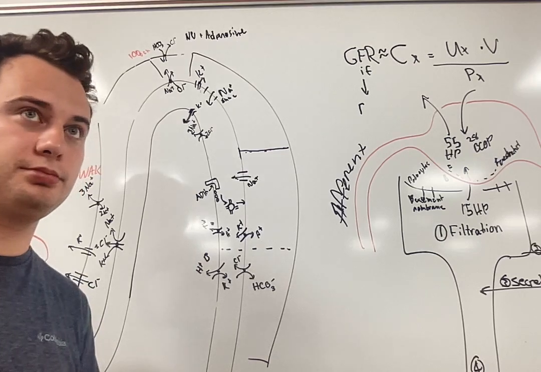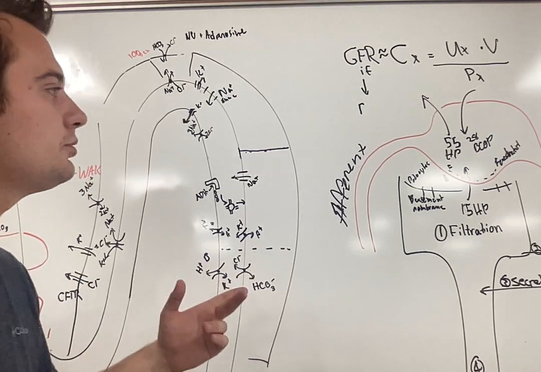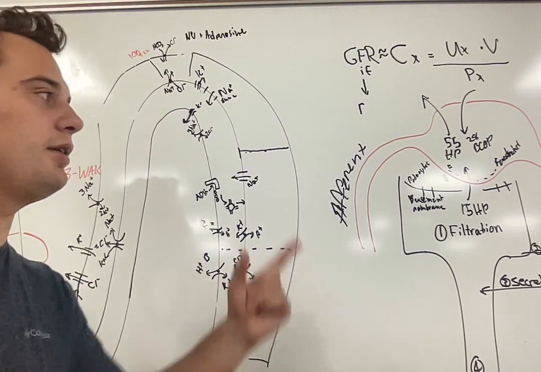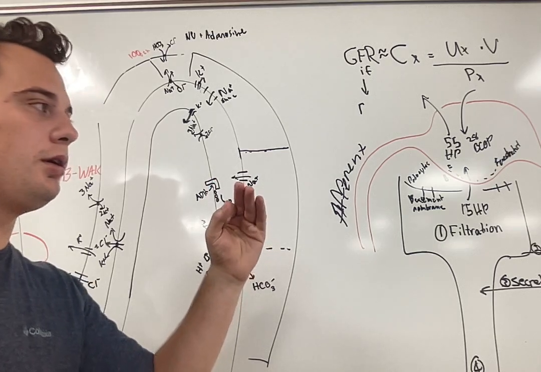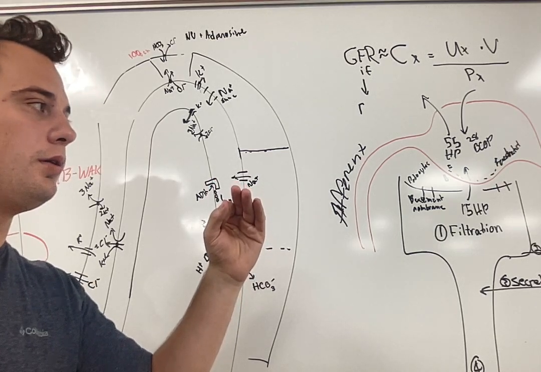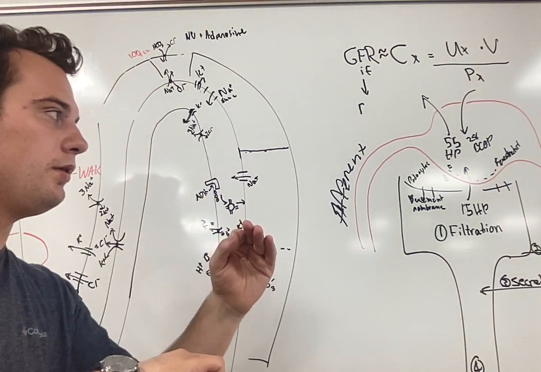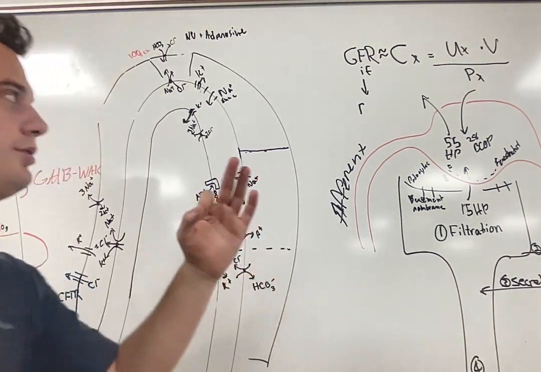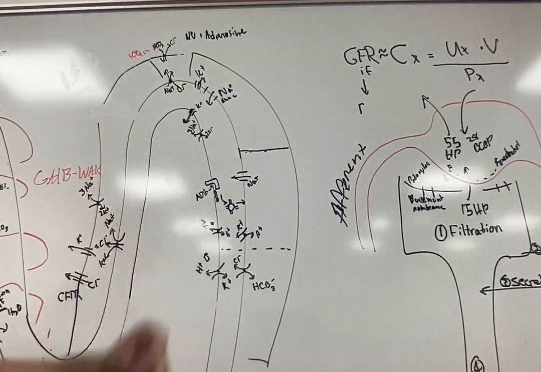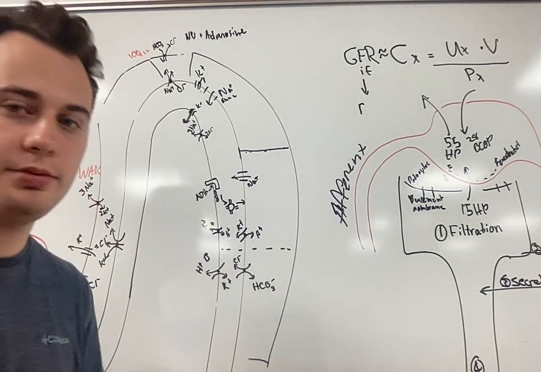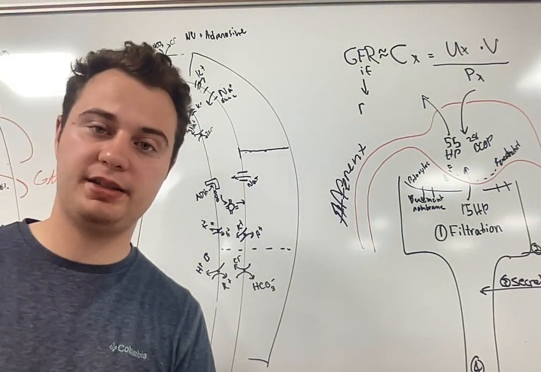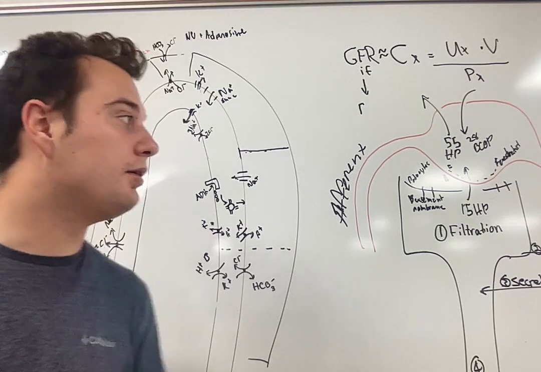It would vasoconstrict the efferent, that shrinks it. Oh, I might have confused that. Maybe adenosine vasodilates. Regardless, what you really need to know is that your macula densa can release chemicals in order to adjust the GFR.